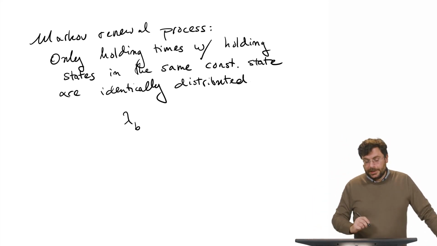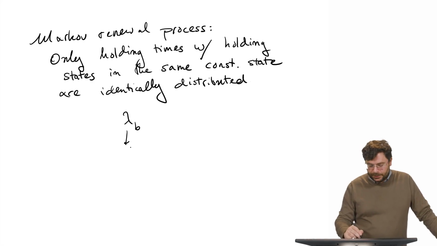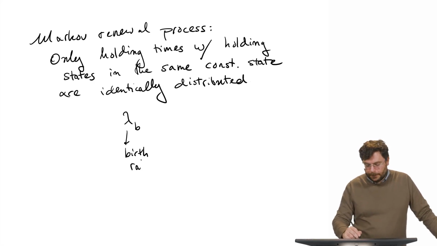So now, in a birth process, we just had a lambda b. That was our birth rate.